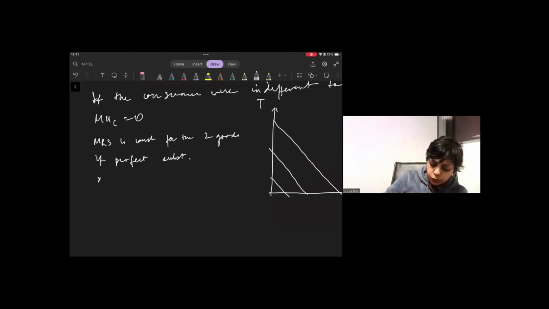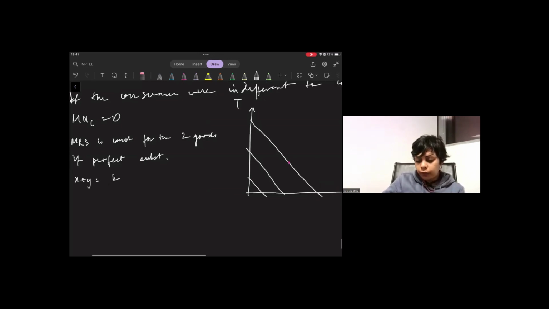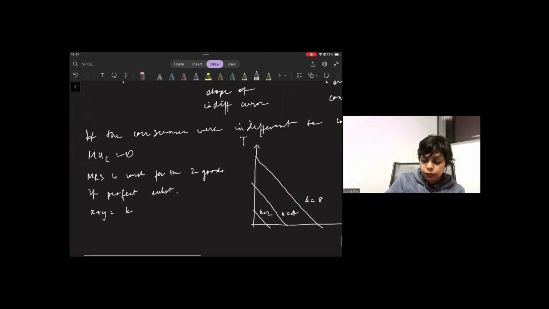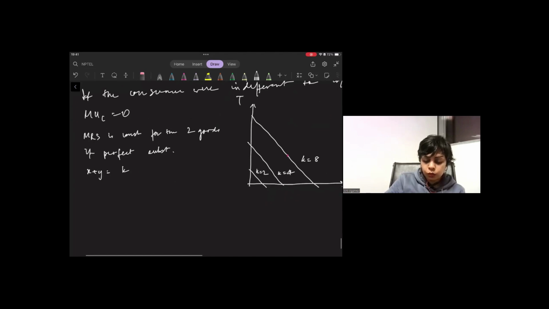Perfect substitutes means what? X plus Y is equal to K. But even in that, there are different straight lines for different values of K. Suppose K is equal to 8, K is equal to 4, K is equal to 2, like that, right?